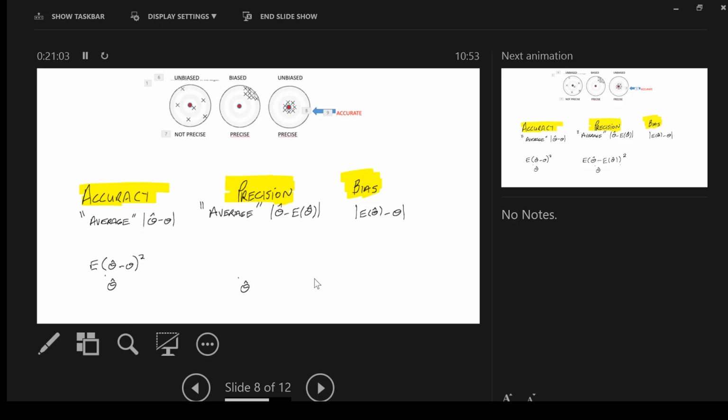Who can tell me? What's a square for? Why wouldn't I just take it without the square? If I didn't have a square, would you say if you're far away, if it's a -1, compared to a +2 or +3 or -4 compared to a +1.